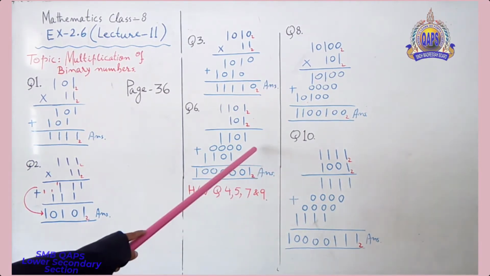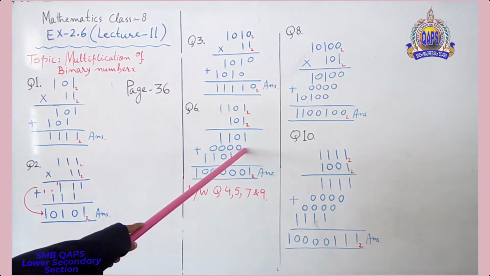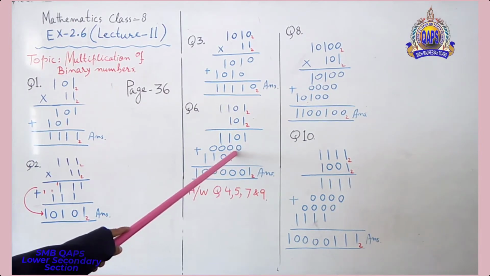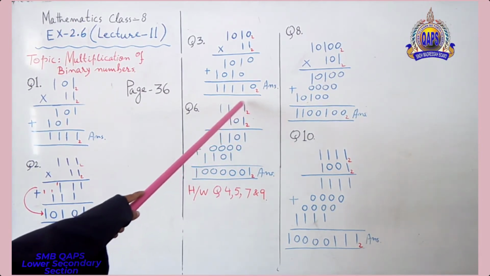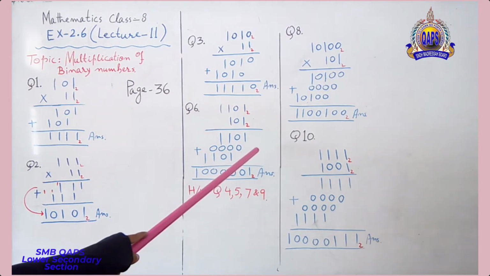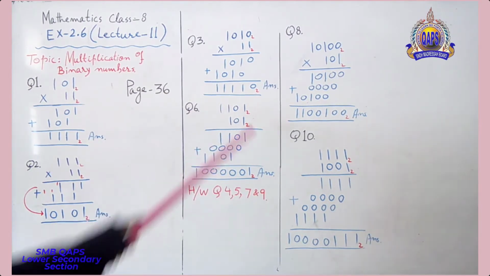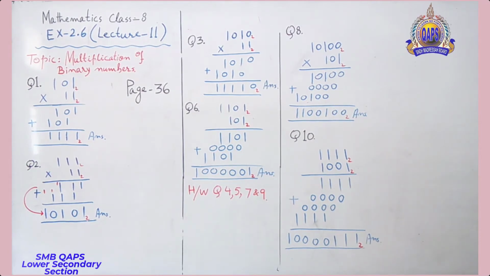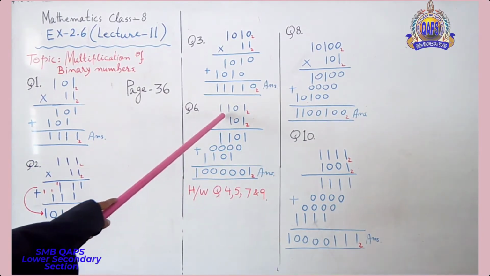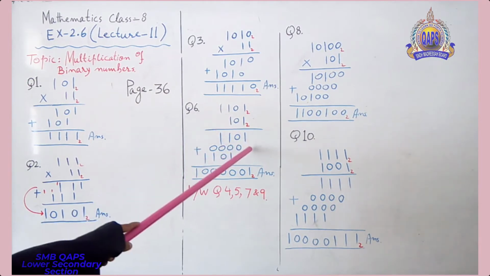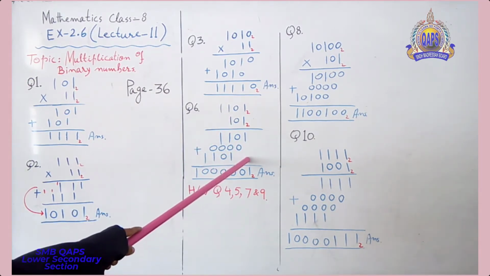So leave one digit and start from left hand side. 1, 2, 3, 4. Put 4 zeros over here because we multiply by 0. Now multiply by 1. Leave this place.